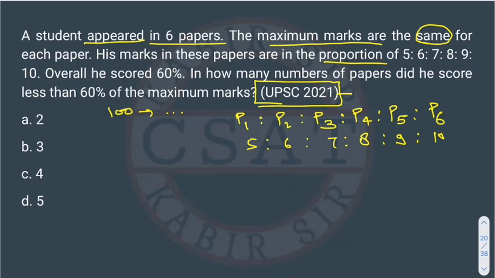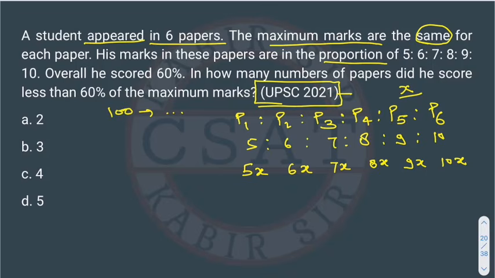We consider some value x. You can consider any value, and we multiply that x with all. So it will become 5x, 6x, 7x, because the marks will be in multiples of x, because they are in proportion. So the marks will become, in P1 paper 5x, P2 6x, P3 7x, right?